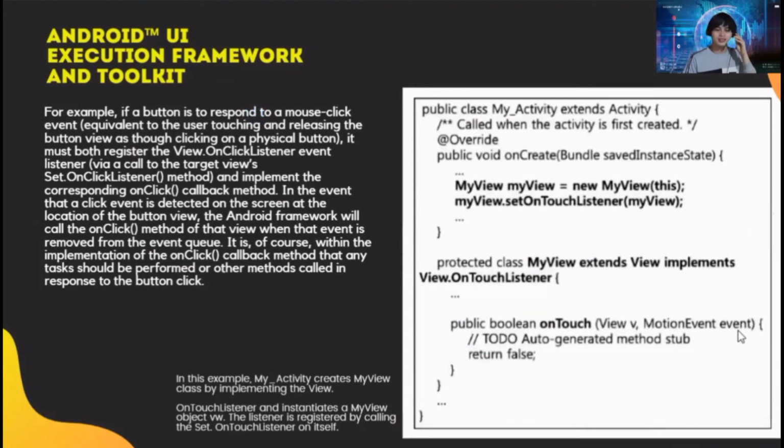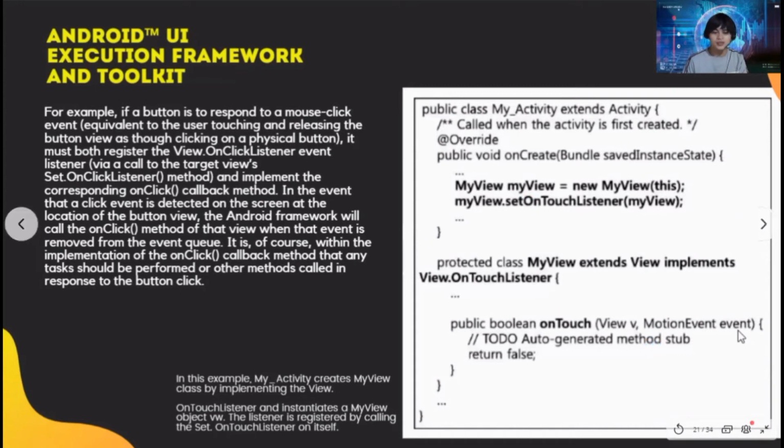So in this example, MyActivity creates the MyView class, implementing the View.OnTouchListener, and instantiates it in the myView object.